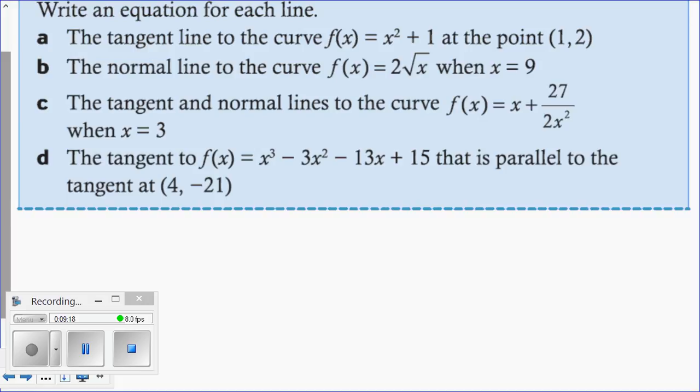Let's take our function: f of x equals x squared plus 1. Let's take the derivative of this function.